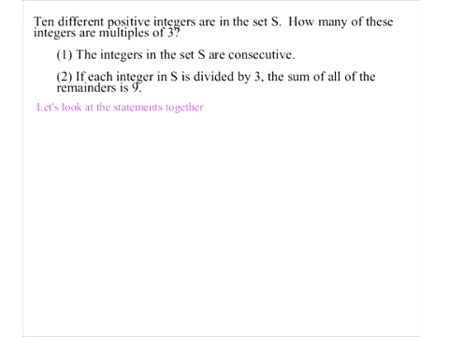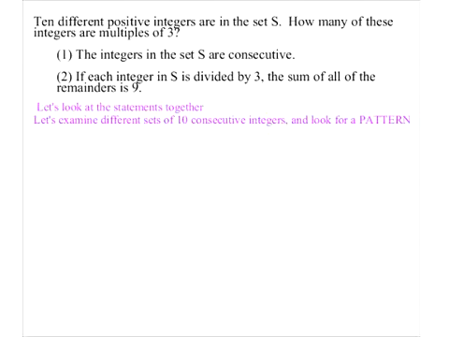So let's examine different sets of 10 consecutive integers and look for a pattern. All right, so you've got 10 integers.